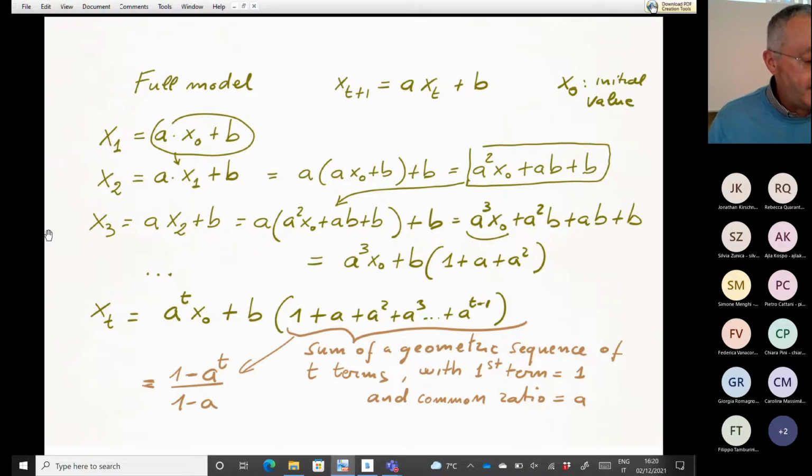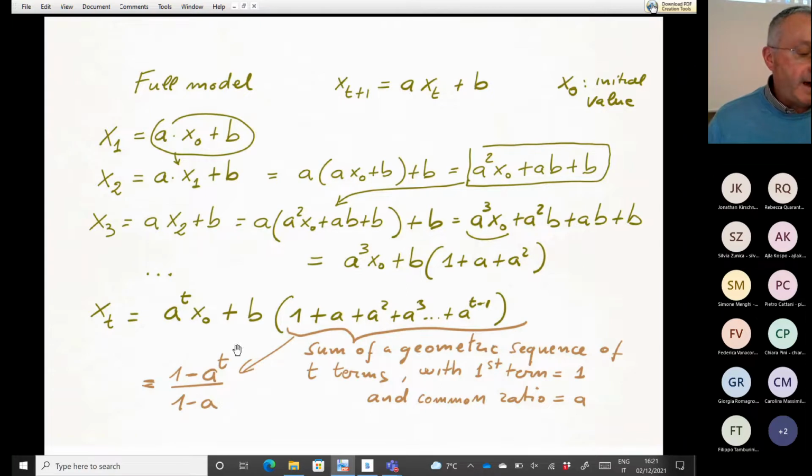You can do the same for x3, which is ax2 plus b. You see the recursive formula here. x3 is computed in terms of x2. But x2, from the previous step, is a function of x0. So you can substitute here, and you get this one, a to the power of 3 x0 plus a to the power of 2 b plus ab plus b.